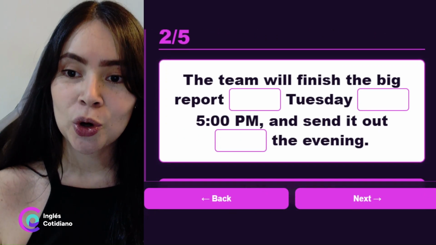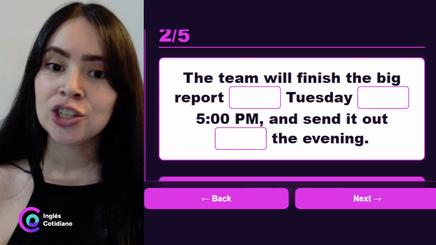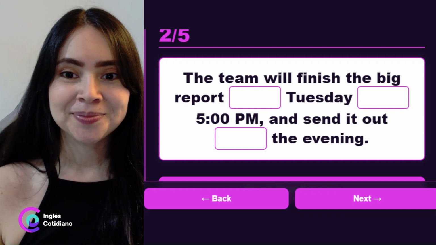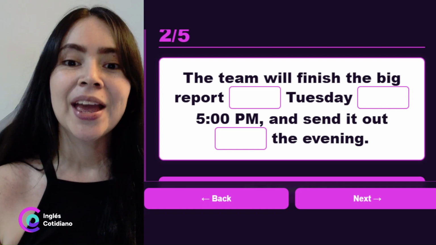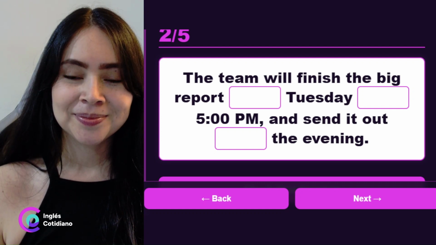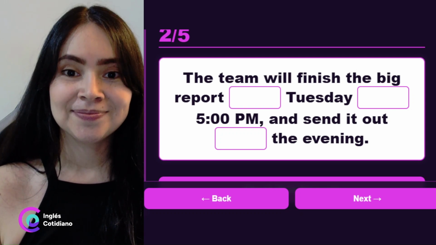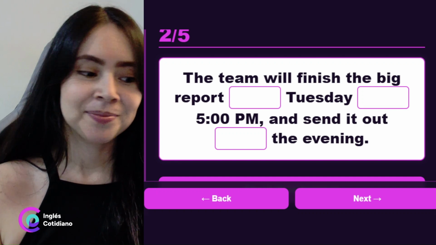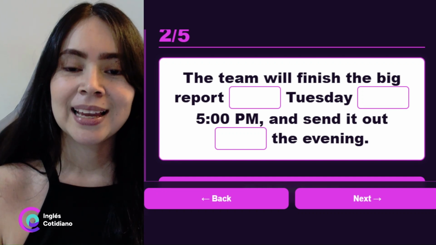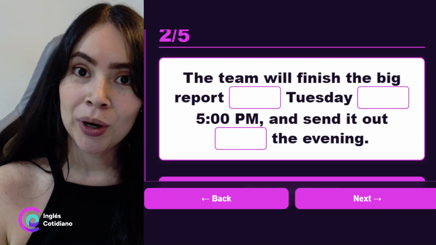Second example in this short quiz is: the team will finish the big report blank Tuesday, blank 5 p.m. and send it out blank the evening. The team will finish the big report.